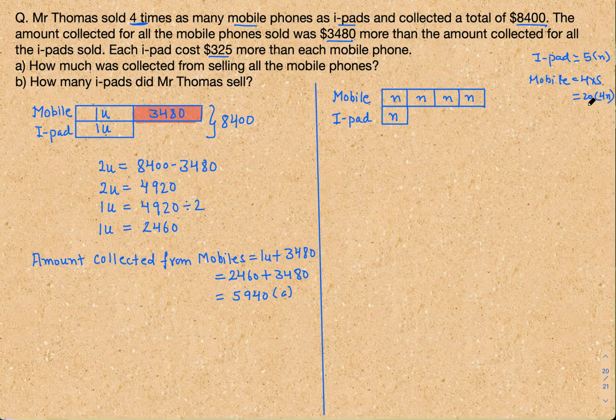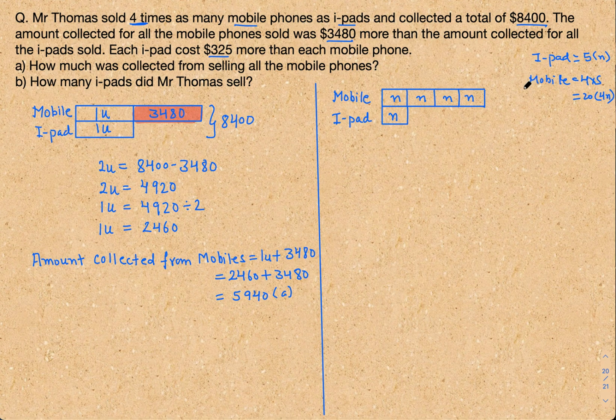This is just an example. I'm not saying this is the answer. This is just so that you understand: if 5 iPads were sold, then obviously 4 times 5, 20 mobiles had been sold.